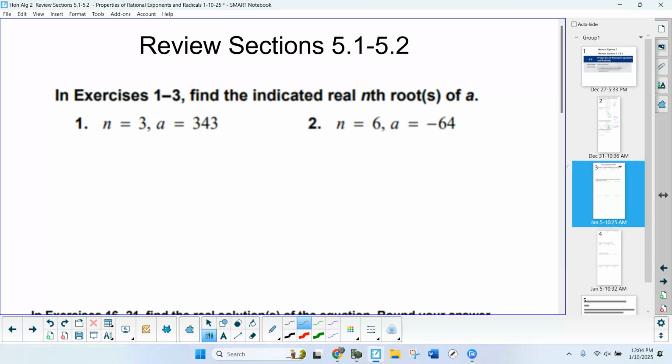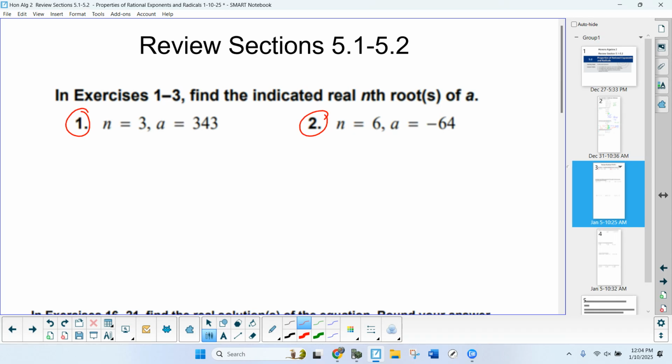So we're going to do a couple problems for review. We're not doing all of these. I have some circled that I felt like were important. But these two are the first two that are important. So do numbers 1 and 2. This is from section 5.1.